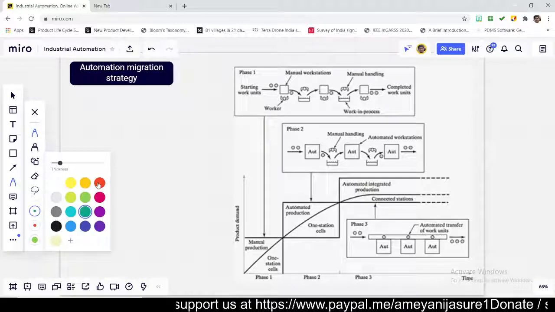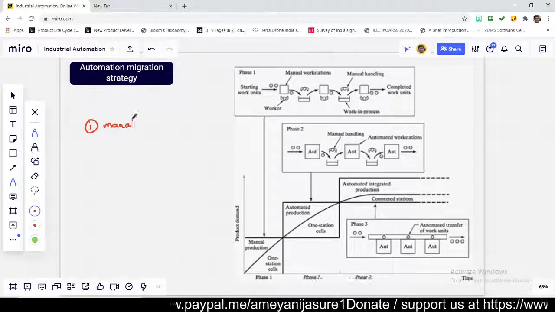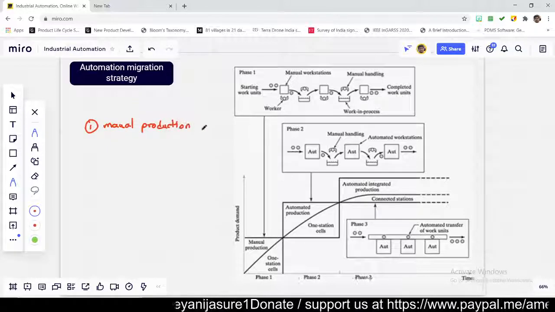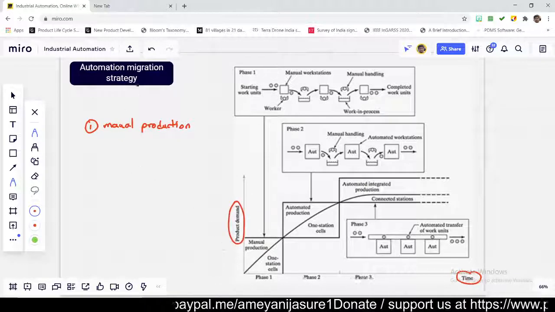So let us talk about the first phase. First phase is called manual production phase. If you check this diagram, the x-axis represents time and the y-axis represents the product demand.